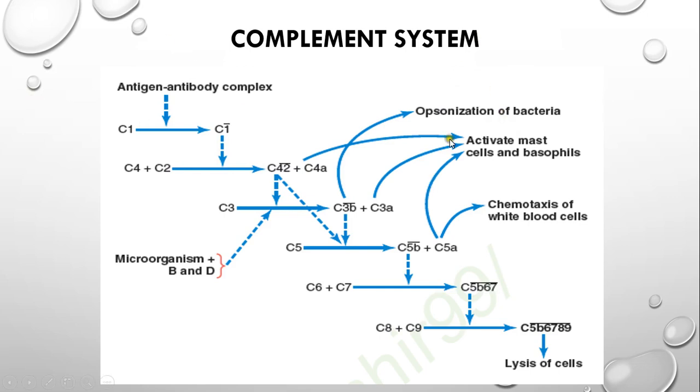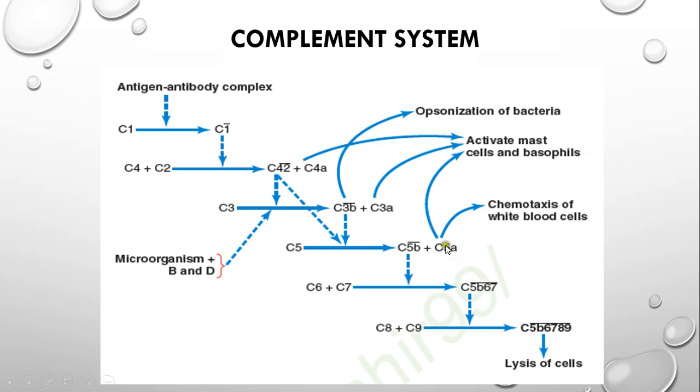Then C3a, C4a and C5a activate the inflammatory reaction by activating mast cells and basophils, which release certain mediators of inflammation such as heparin and other substances, histamine.